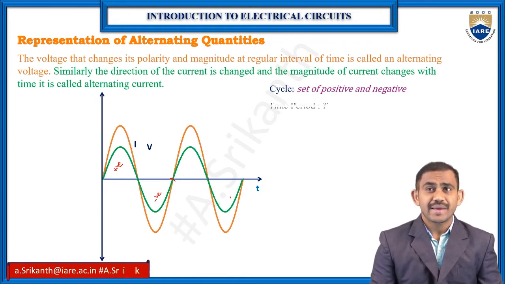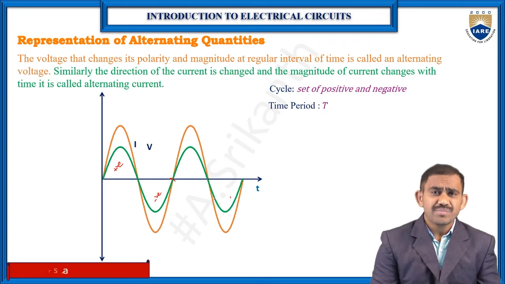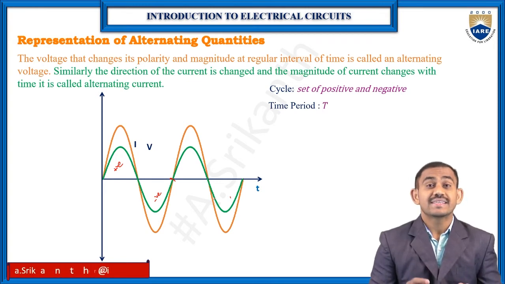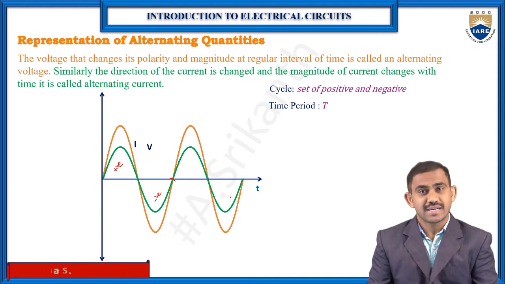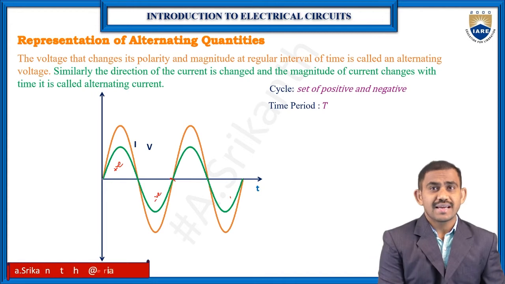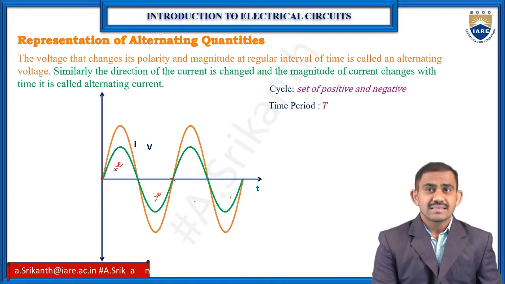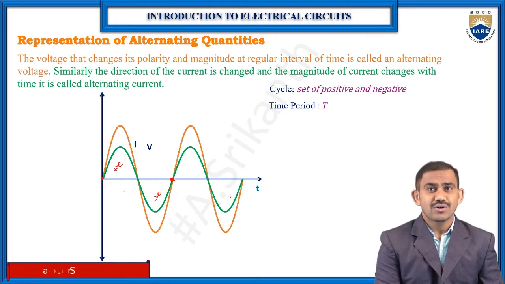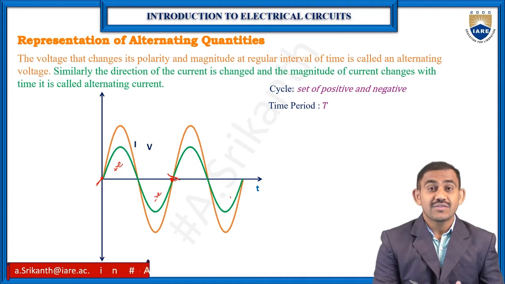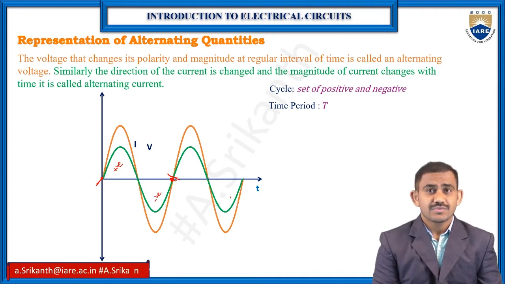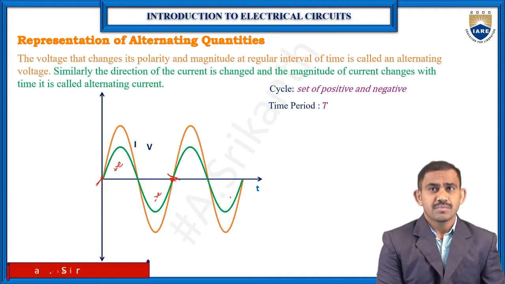And coming to time period, how many time periods do we have? Same. Here the time period depends on where the waveform starts and where it starts again. From this diagram, my waveform started here and again started here. From this point to this point is your time period, from 0 to 2 pi.